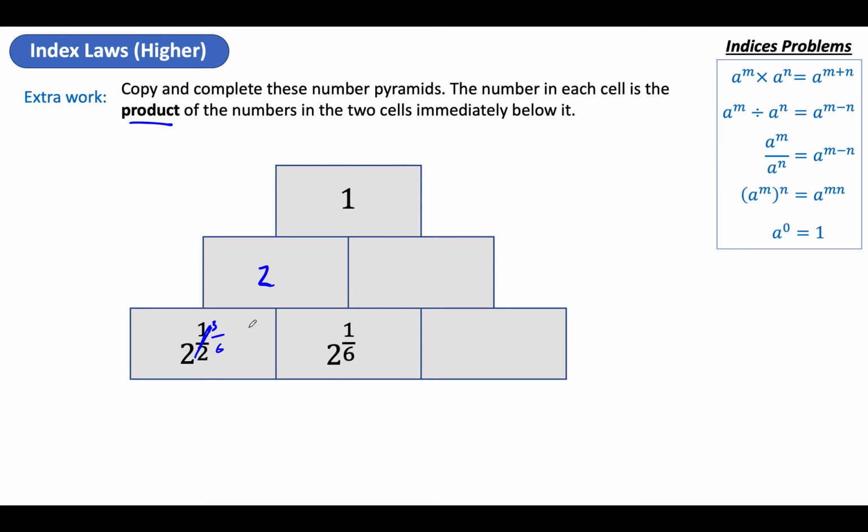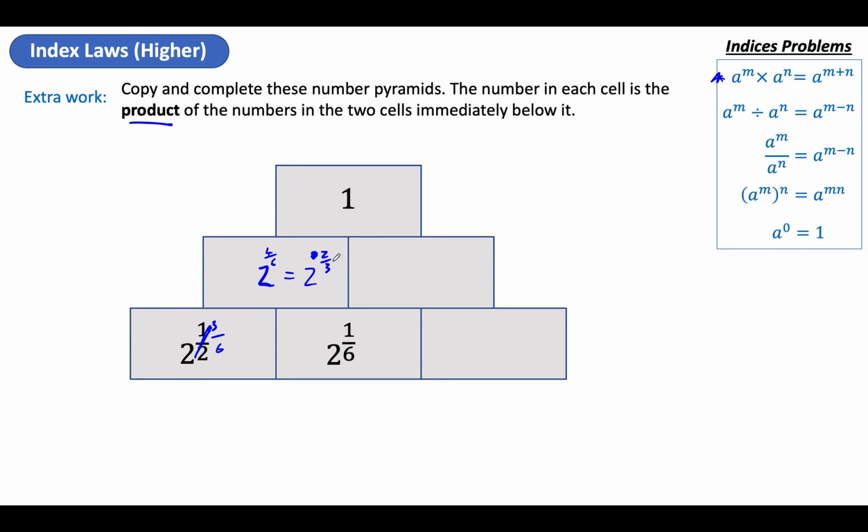So now I can add my 2 powers together. It's just this rule up here, isn't it? This top one there. Add the 2 powers. 3/6 and 1/6 is 4/6. Okay, and if we were simplifying, I would also change that to 2 to the power of 2/3.